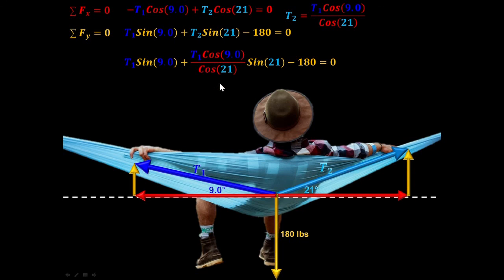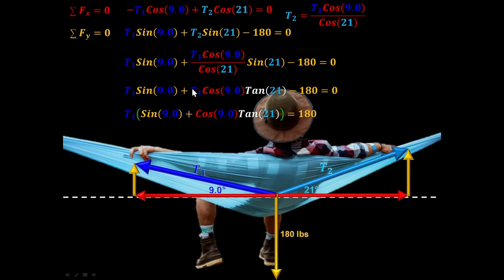Now if you're in geometry now, or haven't had algebra 2 or trig, this you might not recognize, but the sine of 21 divided by the cosine of 21 is the same thing as the tangent of 21. So I just simplified those two things and called it tangent. Still trying to find out what T1 is. So we're going to add 180 to both sides.